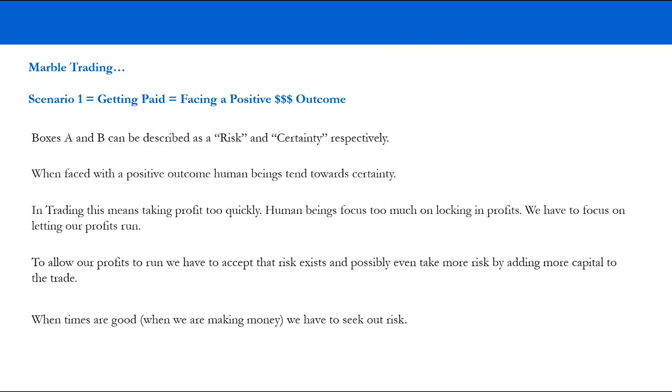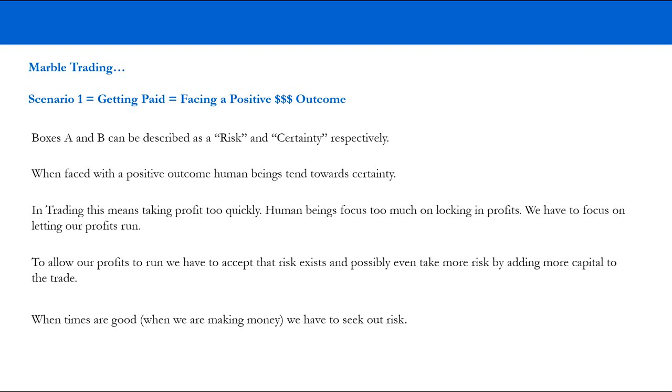So box A, risk-adjusted, is 0.75 multiplied by 1,000, equaling £750. The risk-adjusted return on box B is just a 100% chance of making £700.